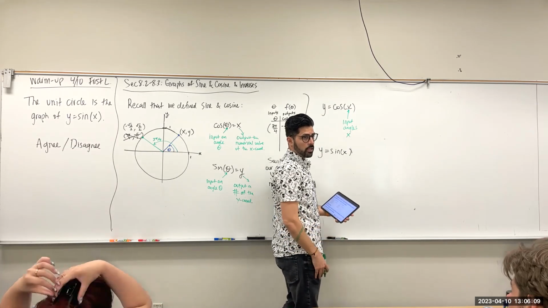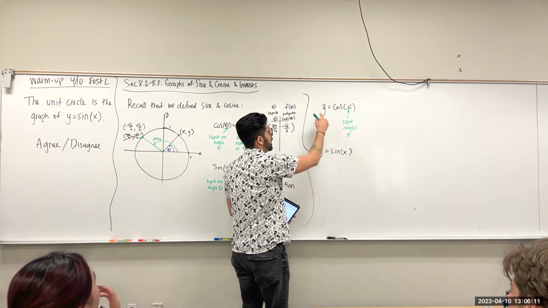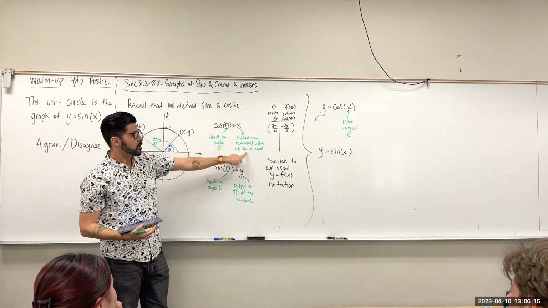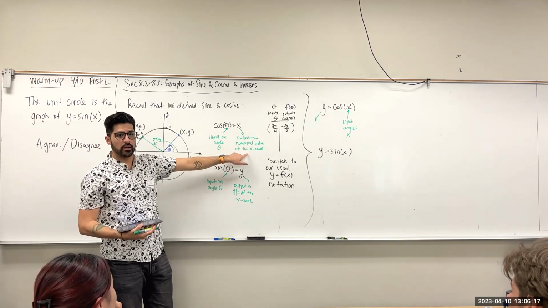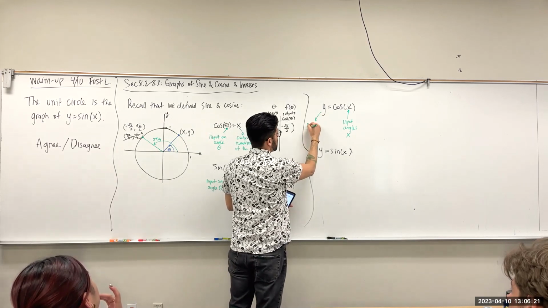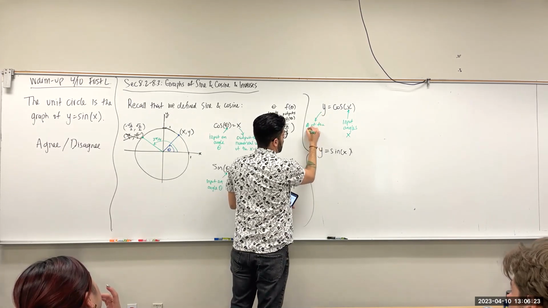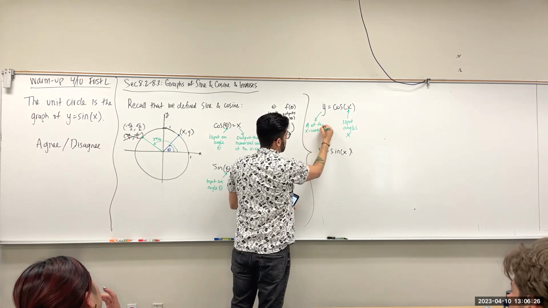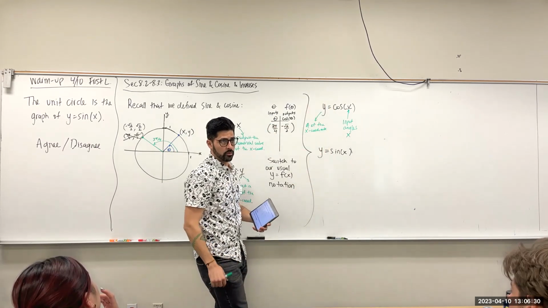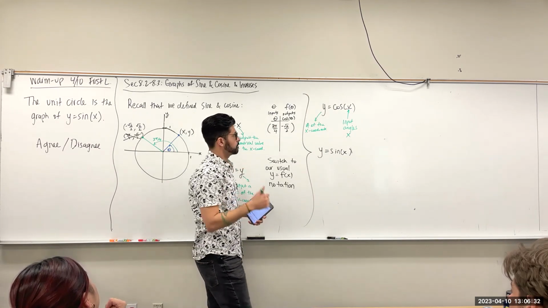X now just represents an angle. Okay. And the output is still going to represent the numerical value of the x coordinate on the unit circle. It still represents the number of the x coordinate, even though it's labeled as y. That's where it's confusing. Okay.